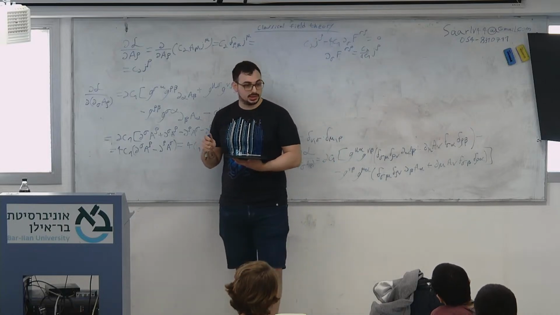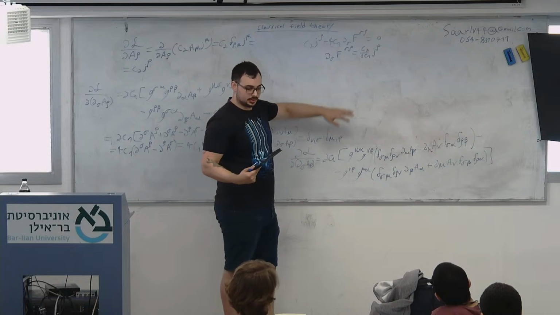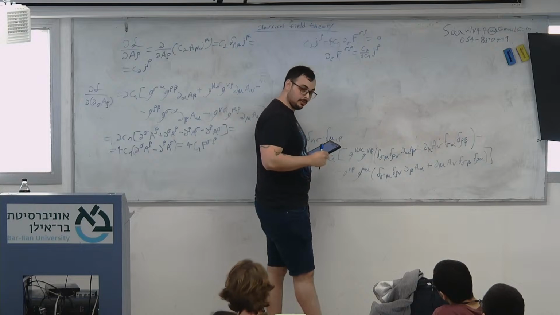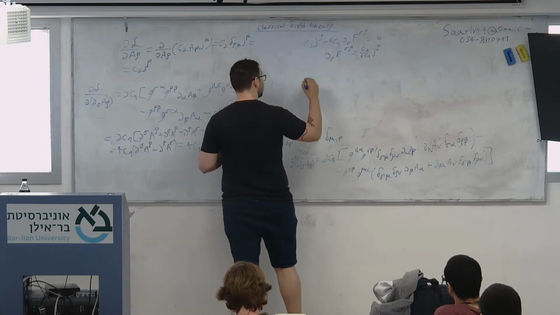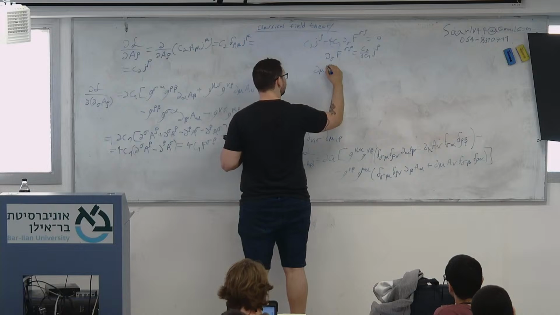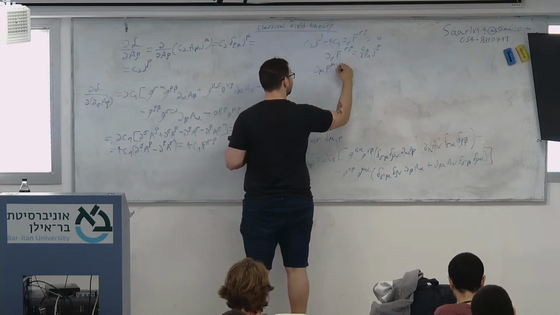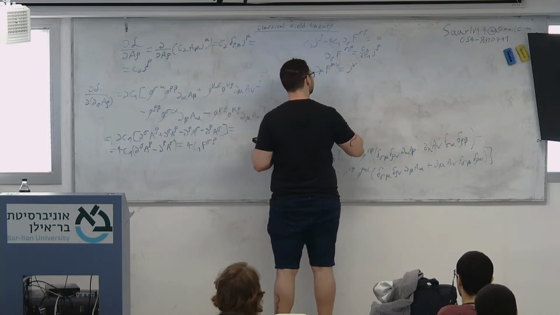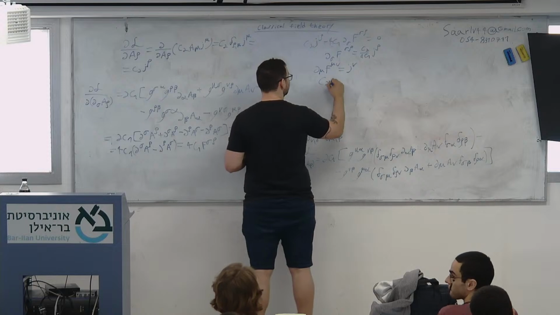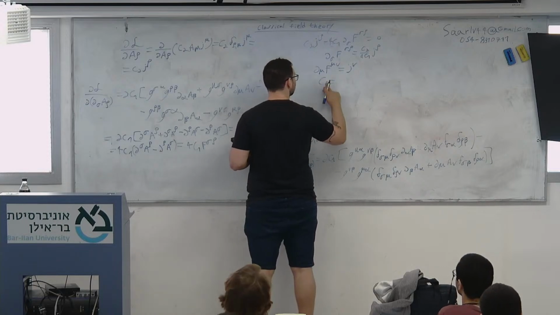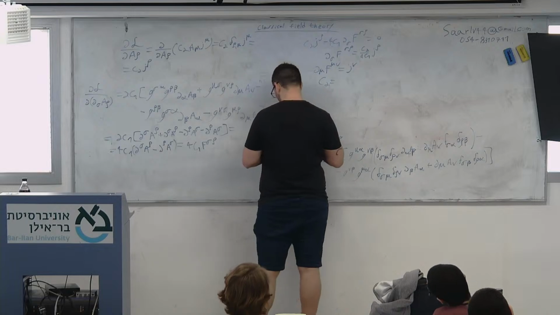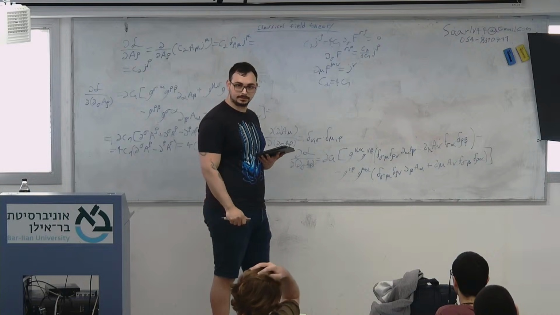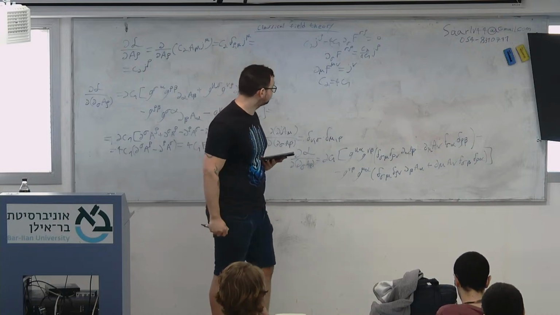If you remember earlier in class, we found a very similar equation. We found that the equation that can describe the inhomogeneous Maxwell equation will be d mu F mu nu equals J nu. So we know that C2 is equal to 4C1. Alright?